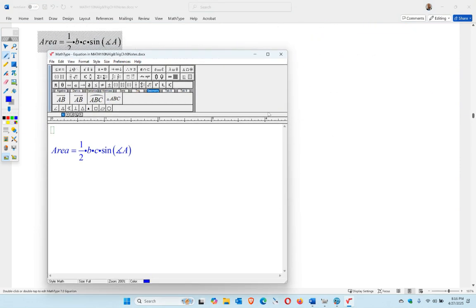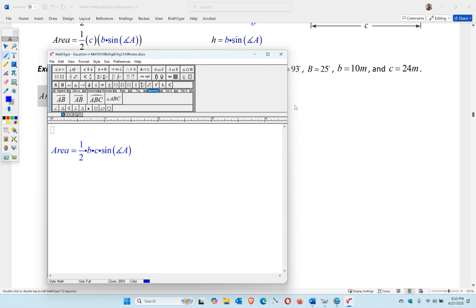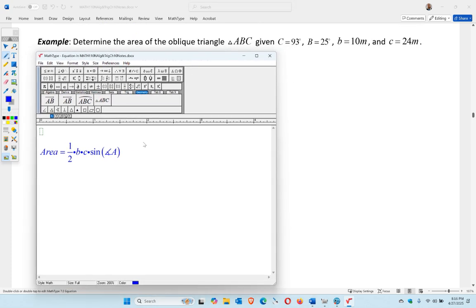Let's scroll down. I have 180 minus 93 minus 25, the two angles I have. So let's see, 62 degrees would be the missing angle. So that is angle A.